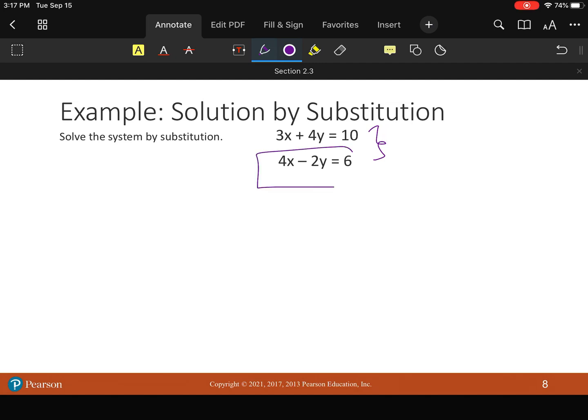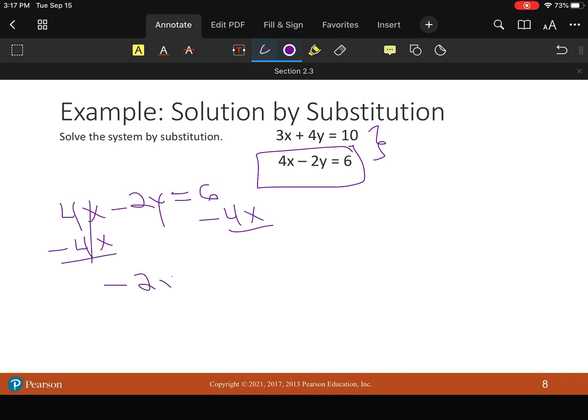So what I'm going to do is I'm going to take this equation, this 4x minus 2y equals 6. What I'm going to do on both sides, solve for y. 6 minus 4x.